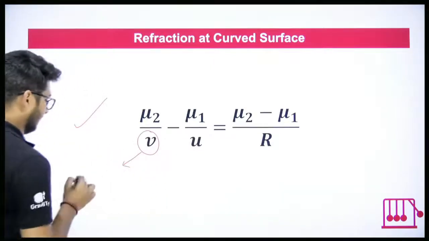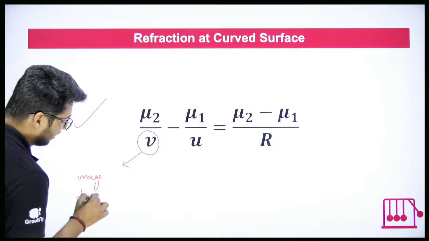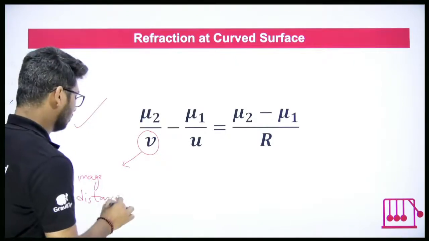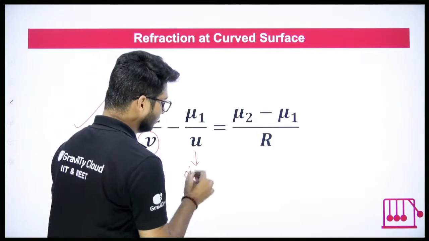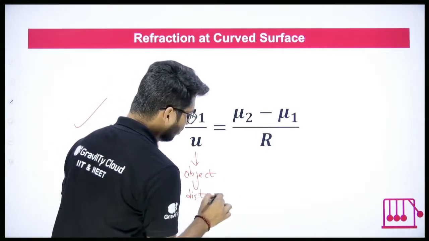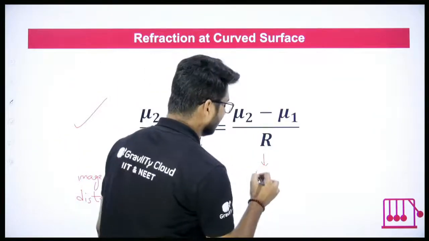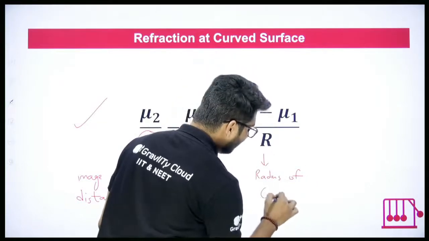V is image distance, calculated from the pole. U is object distance, again calculated from the pole. And r is the radius of curvature.